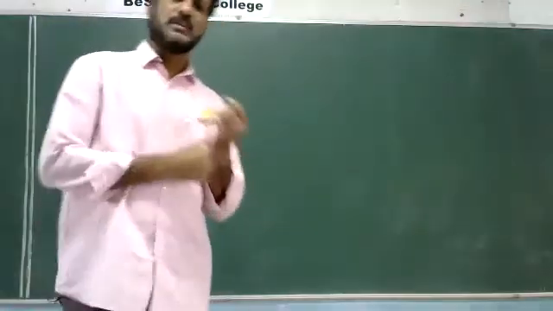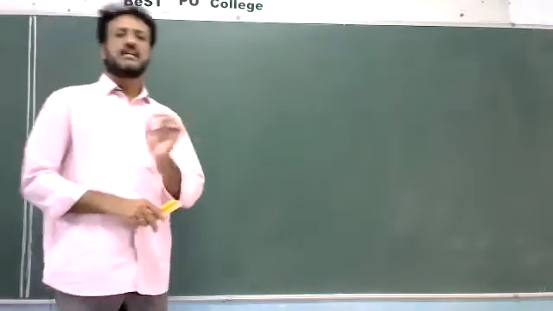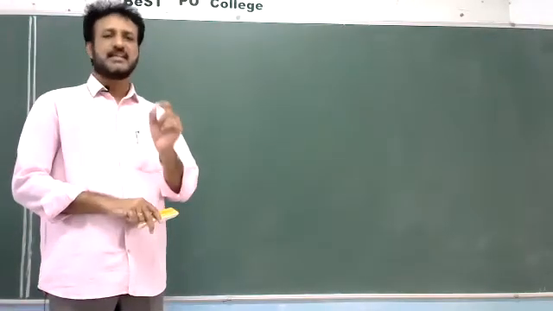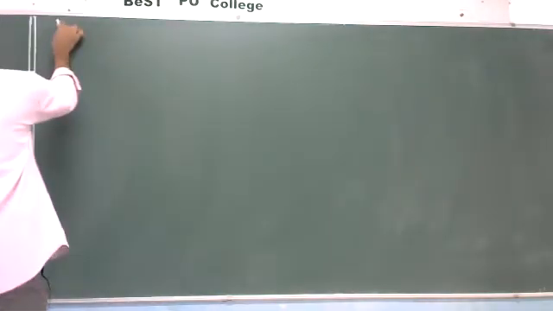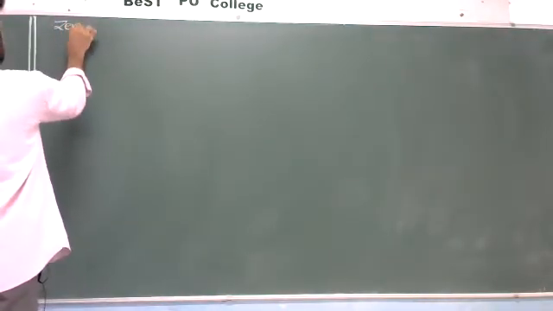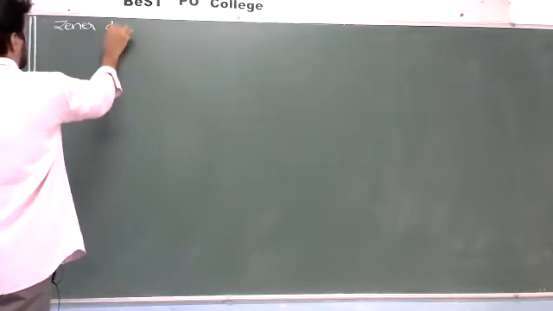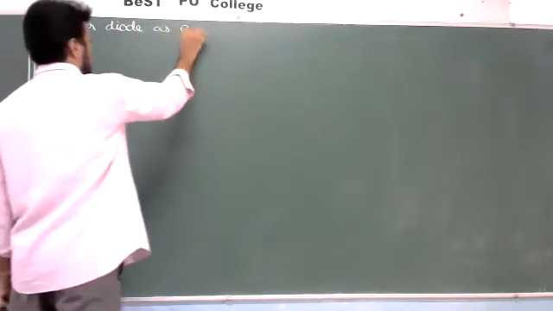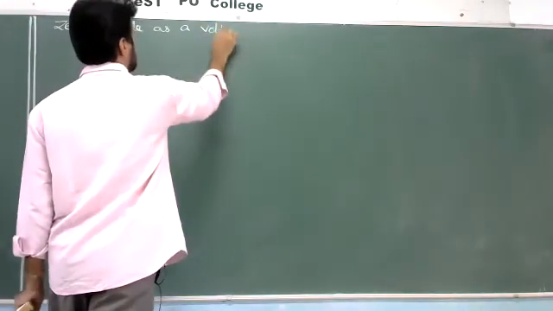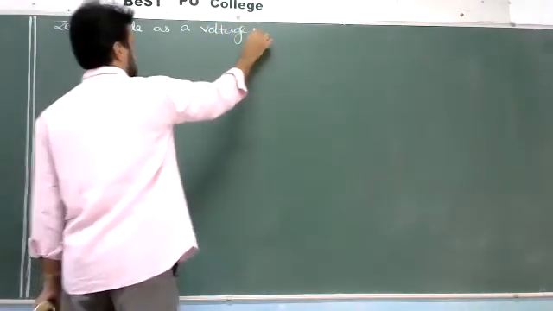That's all. Now we'll discuss how a Zener diode is used as a voltage regulator or voltage stabilizer. Right, next one. Put the heading: Zener diode as a voltage regulator.